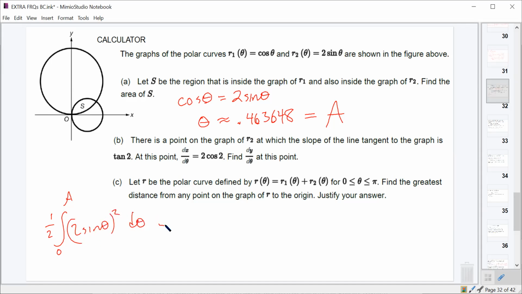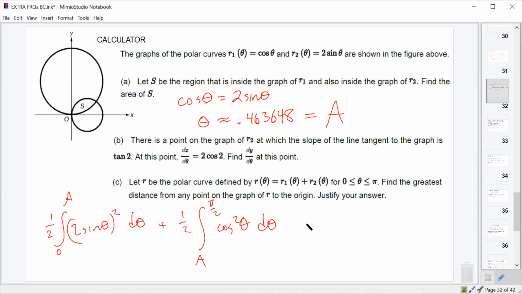And then we will add to that the area from our A value to pi over 2 for the other one, which, at A is where we get here, and then we're coming around until we get to pi over 2. And when we hit pi over 2, cosine of pi over 2 is 0, so we're back at the pole. So A to pi over 2 of cosine squared theta d theta. And that should be your integral.